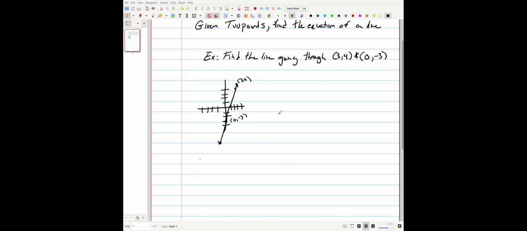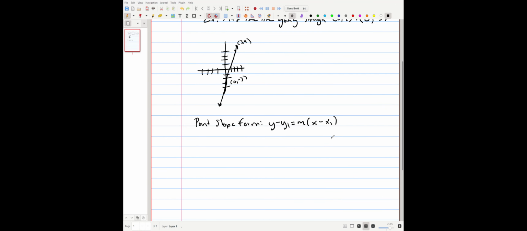We have point slope form: y minus y1 equals m times x minus x1, which is the one we just used in the last one. And then we have slope intercept.